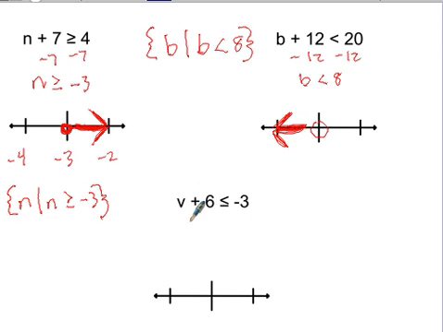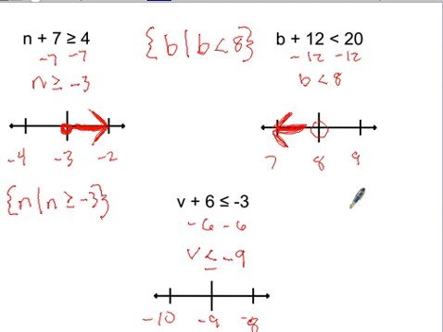Last one, minus 6, B is less than or equal to negative 9. Oops, I forgot to label this one: negative 9, negative 8, negative 10.